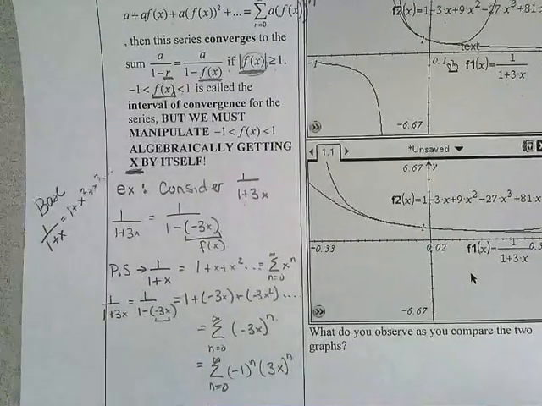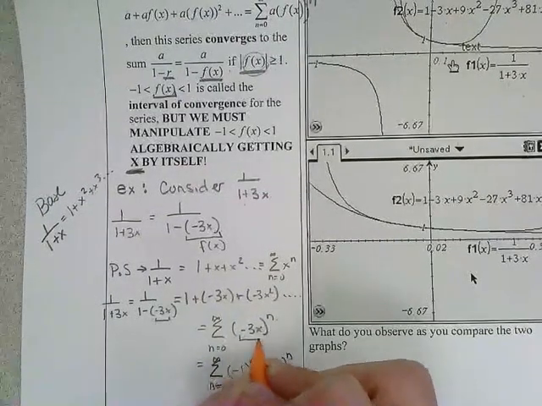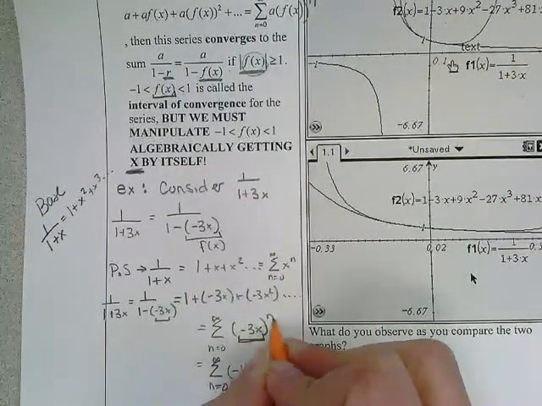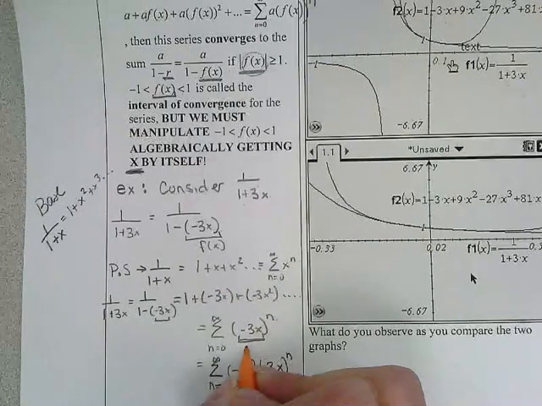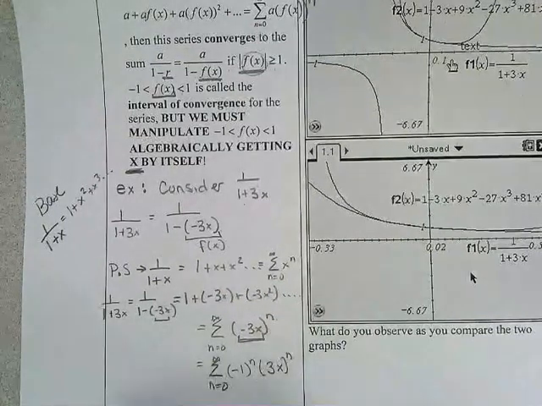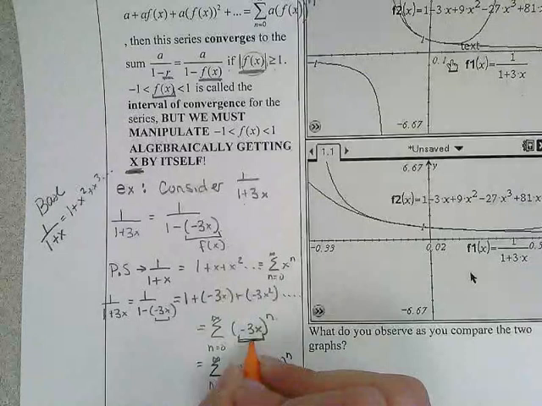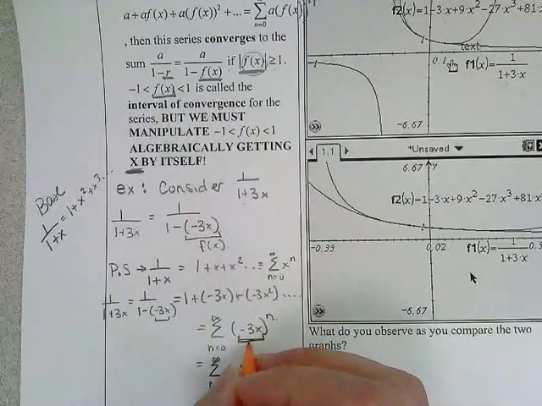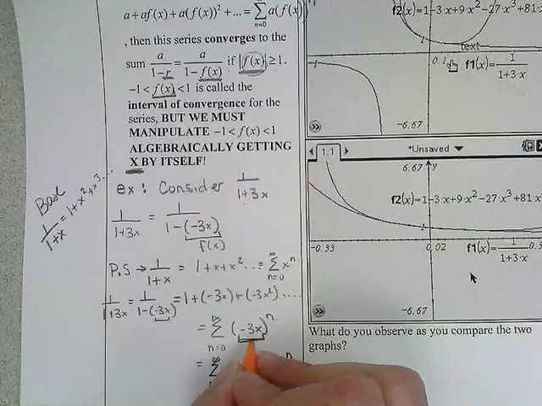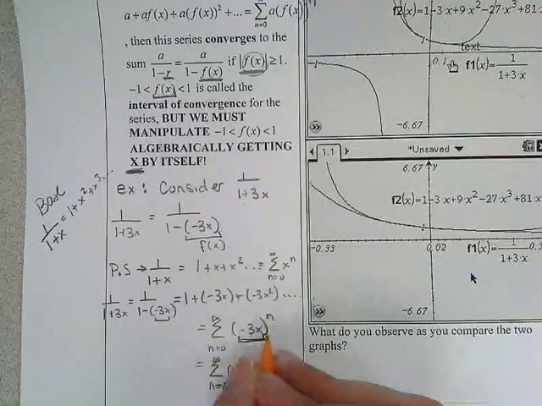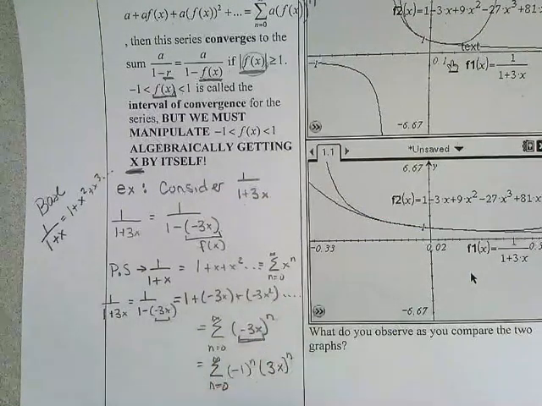So here, what is our function that is raised to the n, or our r value? Well, we got to figure out what our interval of convergence is using our function, our r value.